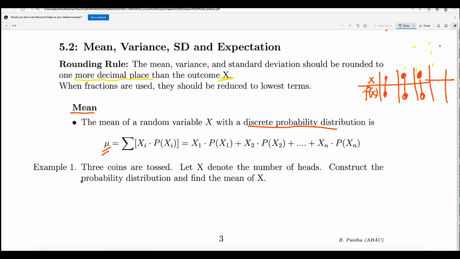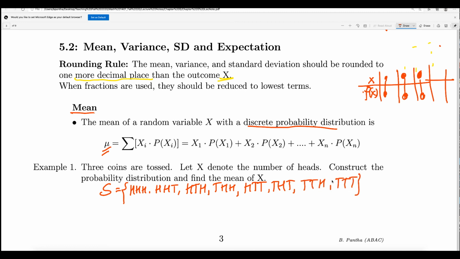Let us see an example. Three coins are tossed. Let x denote the number of heads. We did that already in an example. If three coins are tossed, the sample space is head, head, head; head, head, tail; head, tail, head; tail, head, head; head, tail, tail; tail, head, tail; tail, tail, head; and tail, tail, tail.